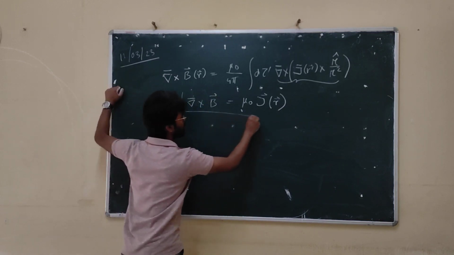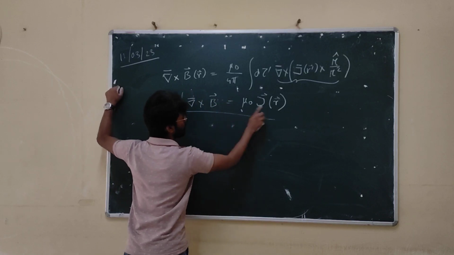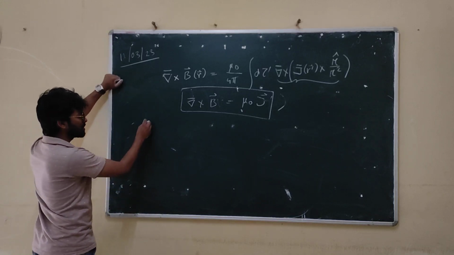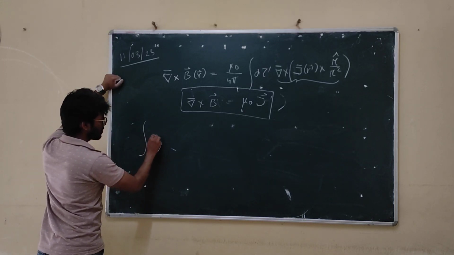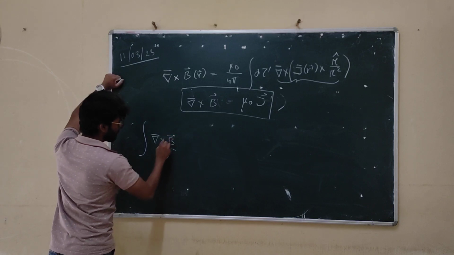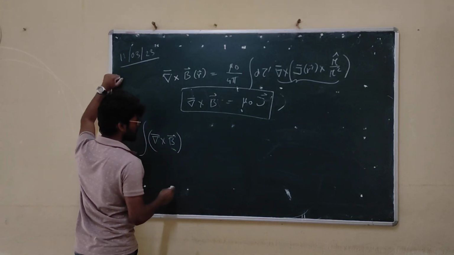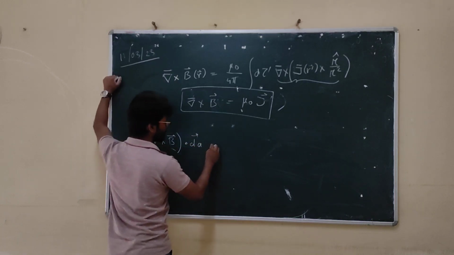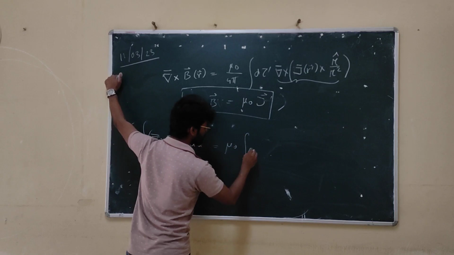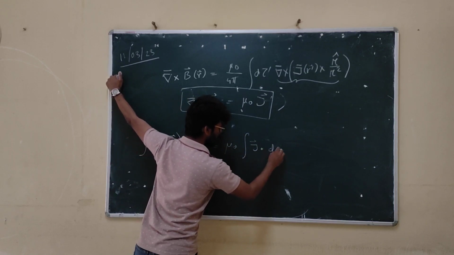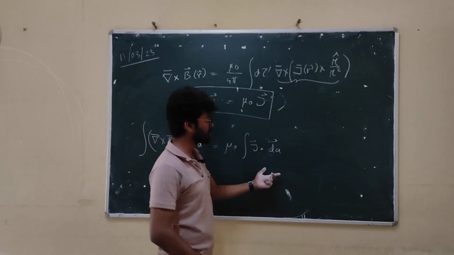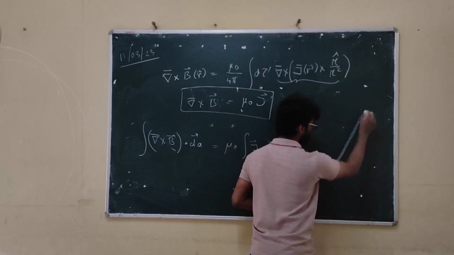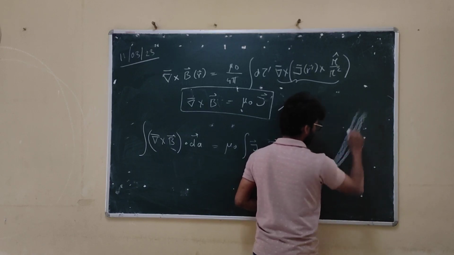That was the derivative form. In integral form, you can just integrate this: del cross B dot dA equals mu naught J dot dA. Which means just take a surface, with some current density flowing like this.